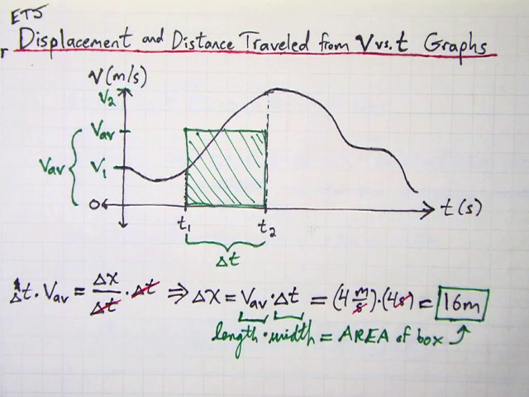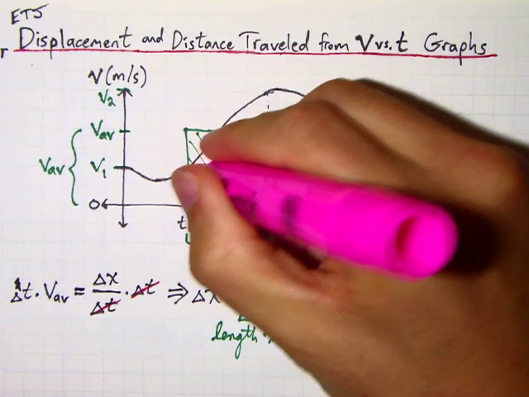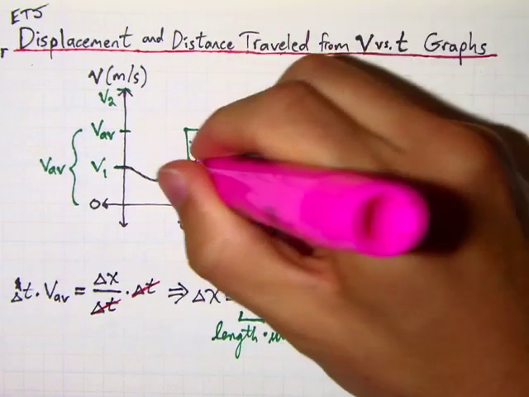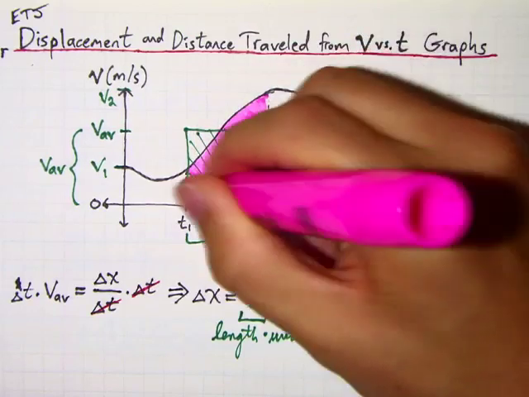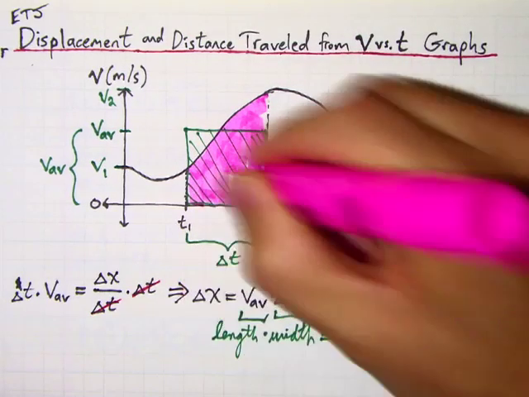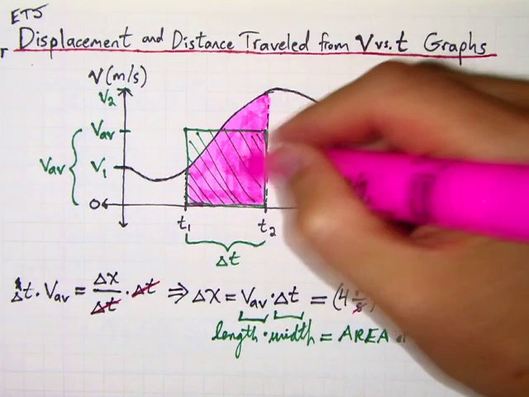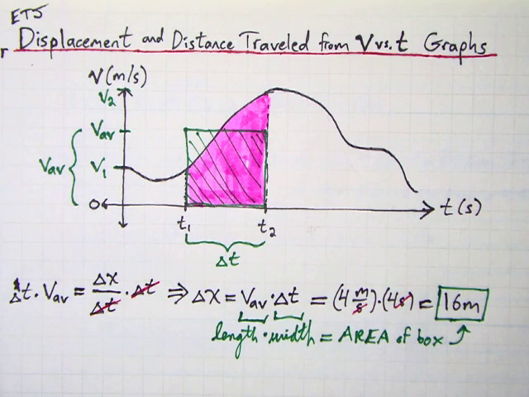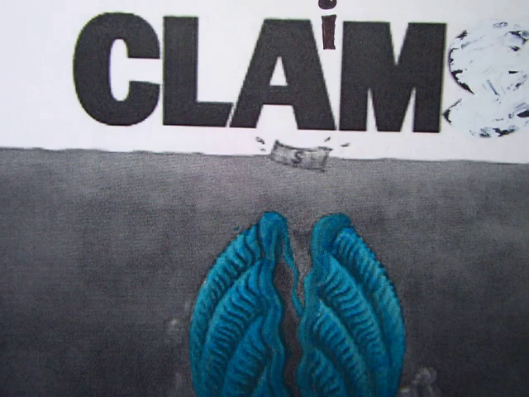Okay, I'm going to look at another area on this graph. I'm looking at this total area underneath the curve from T1 to T2, that pink area there. And I'm about to make a claim.